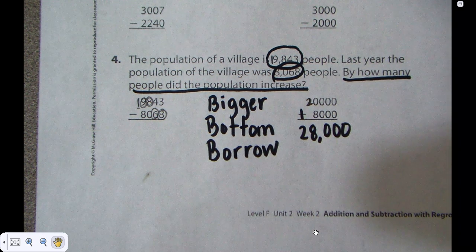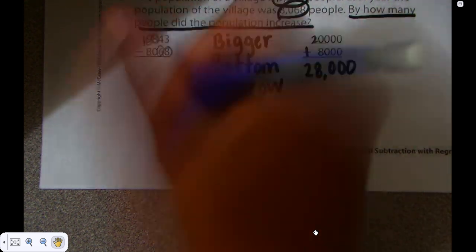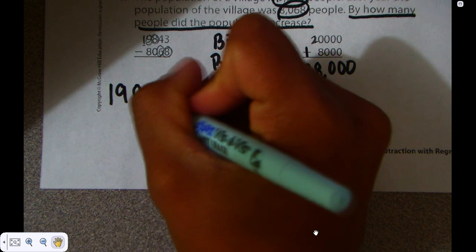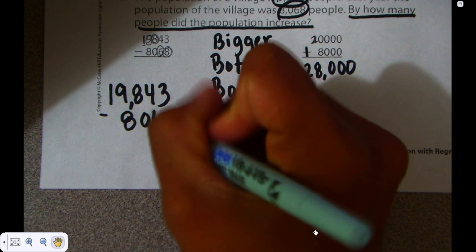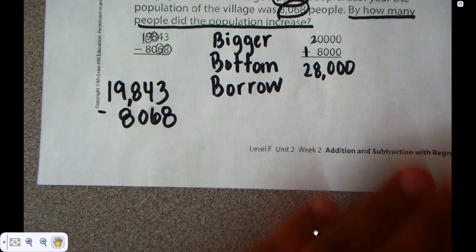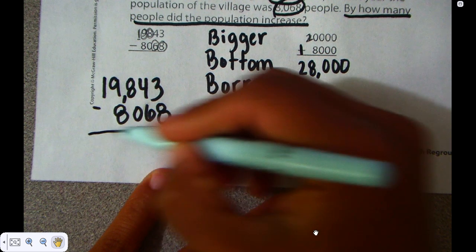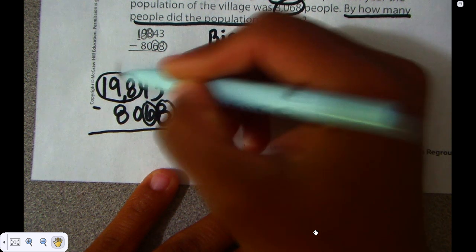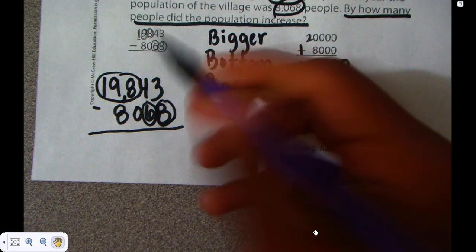So I'm going to come over here and just rewrite this problem a little bit bigger for us so that we can see it. Okay. Now I want to go ahead and start my subtraction. And I circled these numbers up top. I know I can't do 8 and take that away from 3.